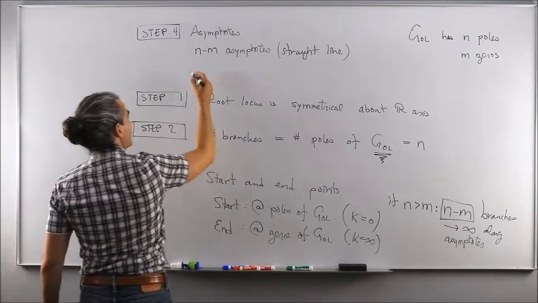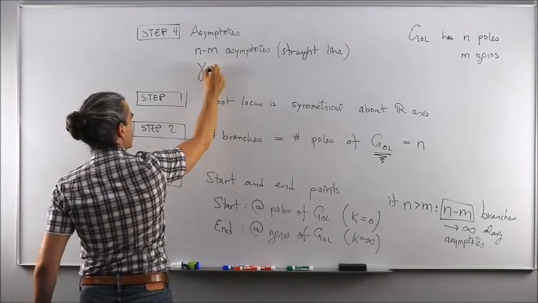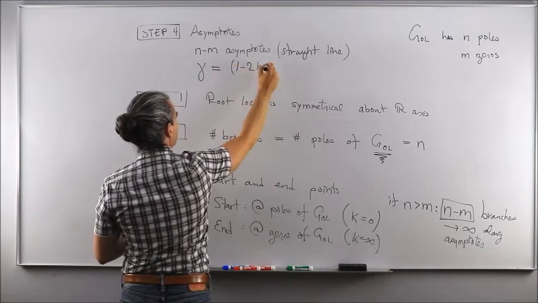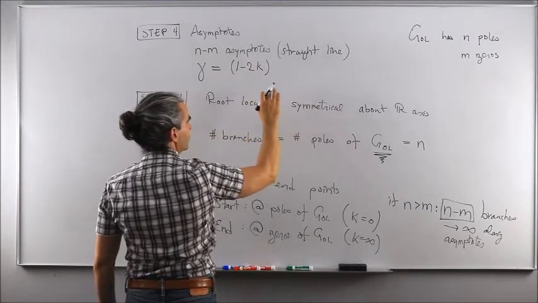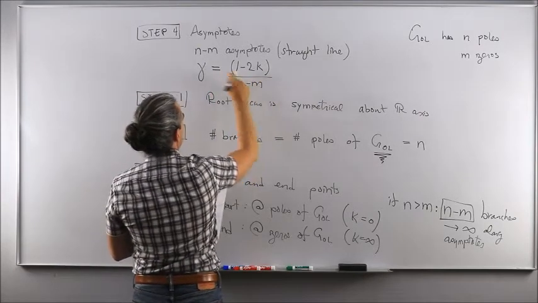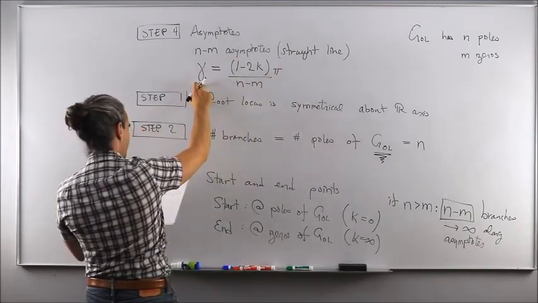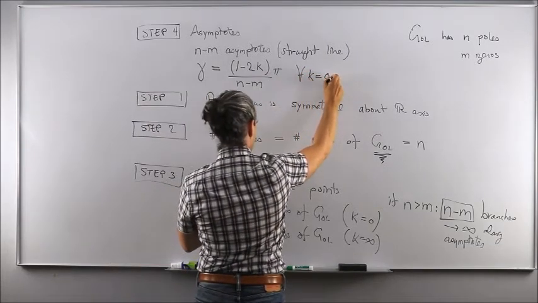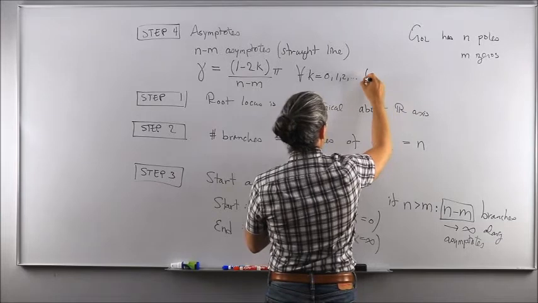The way that we're going to measure the orientation of those asymptotes is by calculating an angle denoted by gamma, equal to (1 plus 2k) over (n minus m), times pi, because this is an angle. Here k is just an index, not related to the static gain of the open loop transfer function in any way, shape, or form. You do that for all k equal to 0, 1, 2, and so on, all the way to n minus m minus 1.